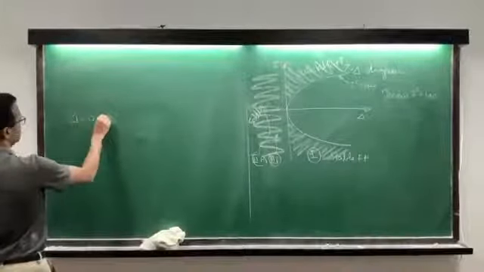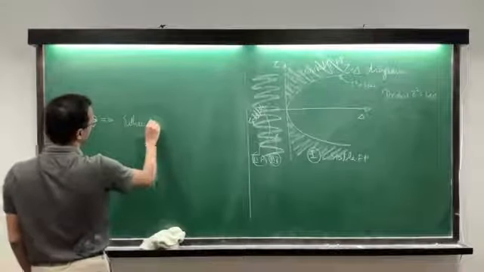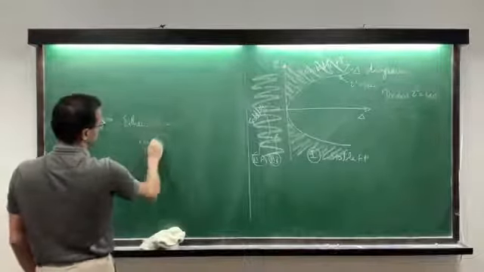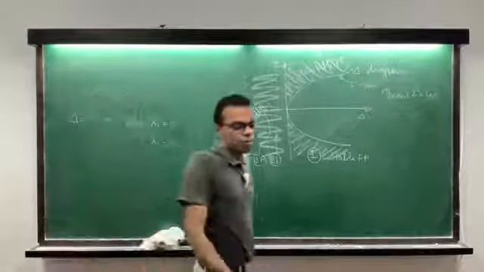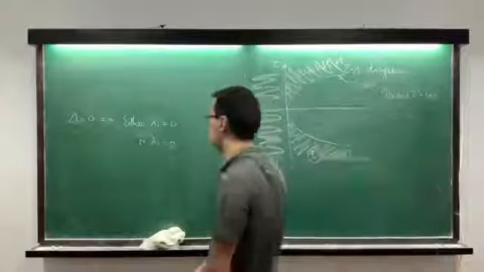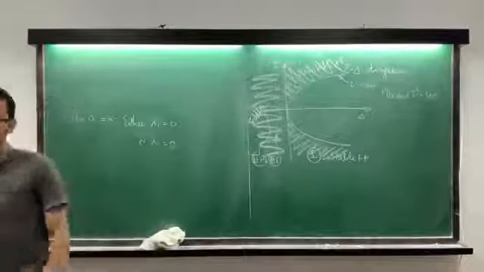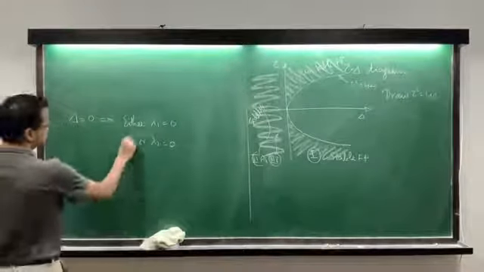So if delta is 0, that means one of the lambdas is 0, not both. If both are 0, the right hand side is kind of trivial and the whole differential equation is pointless, right? At least one of them being 0 makes it a little more interesting. Remember what happened when we had that alpha minus 1 example.